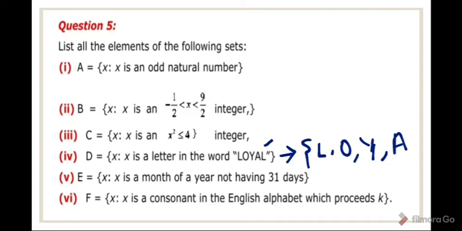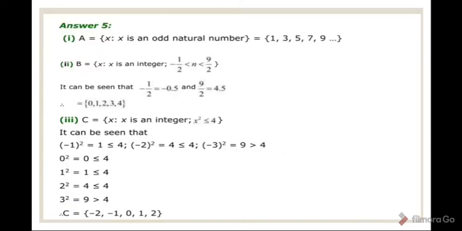That's why the elements will be L, O, Y and A. You cannot repeat L twice. So the elements of LOYAL will be L, O, Y, A.